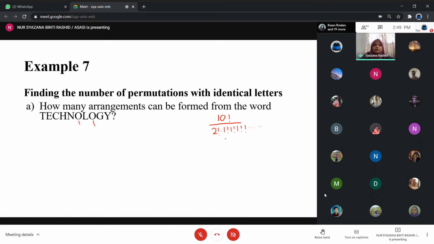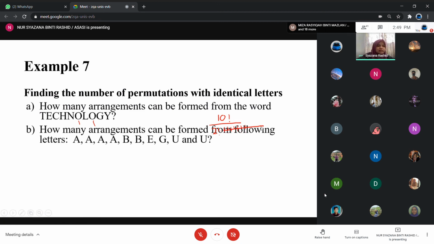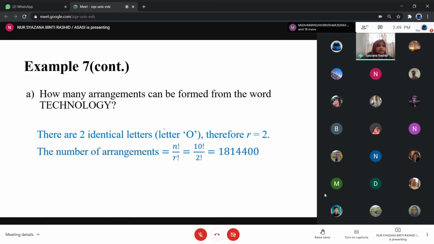But we know that 1 factorial is 1. So we don't have to waste our time to write all this 1 factorial. So just ignore this part. Dan you hanya akan tulis 10 factorial sahaja, divide by 2 factorial. Yang ni bukan R. Kalau tengok formula tadi, this is not R ya. This is N1. Okay.